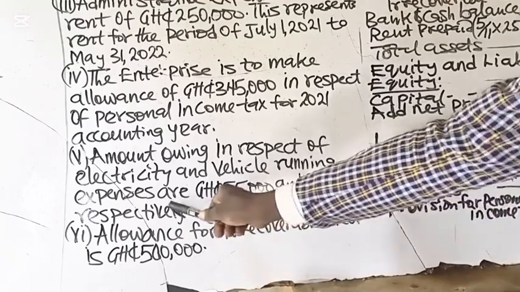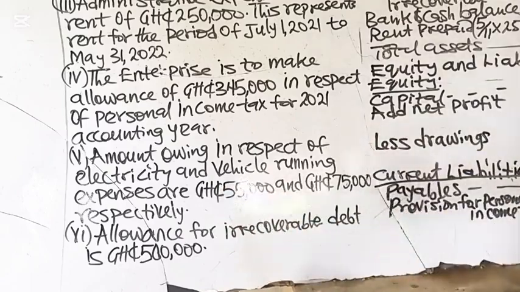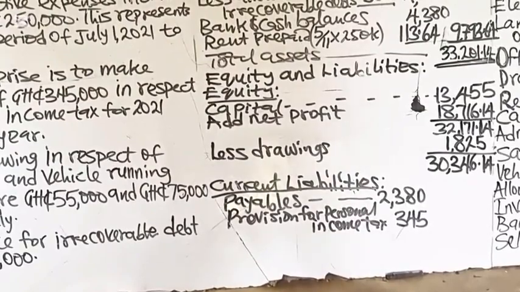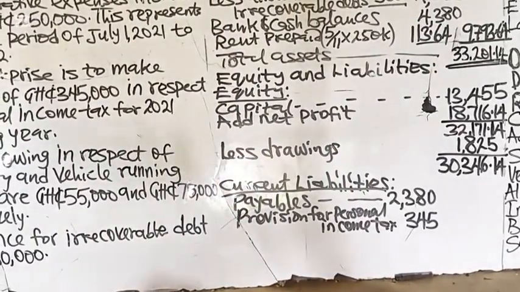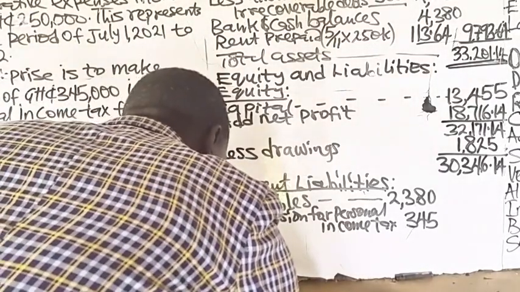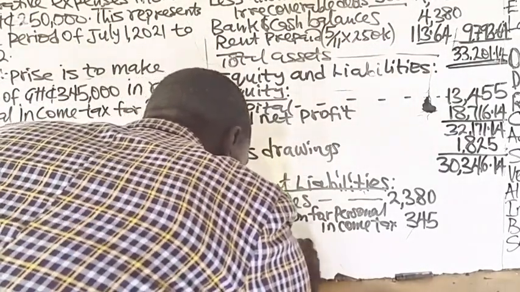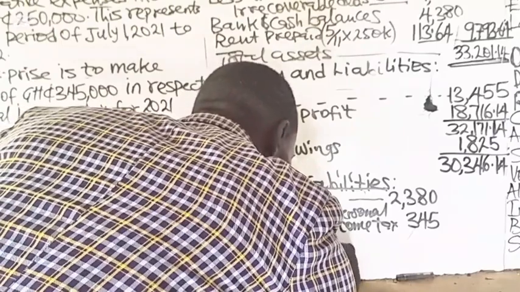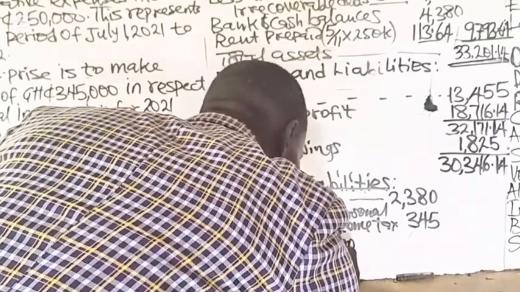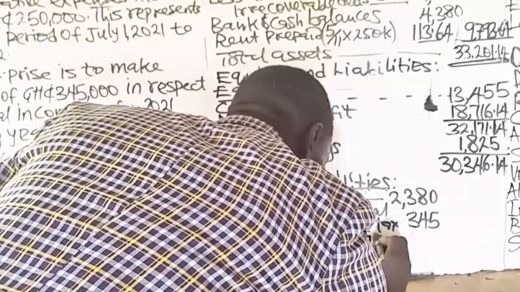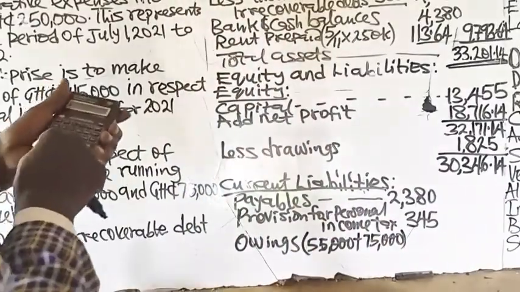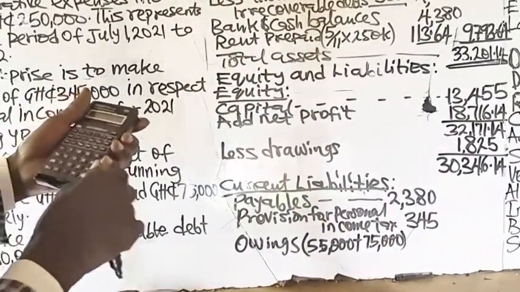So we are left with owing 55,000 and 75,000, which will be shown as part of our current liability in the statement of financial position. So we have owings, 55,000 plus 75,000, that is total 130,000.